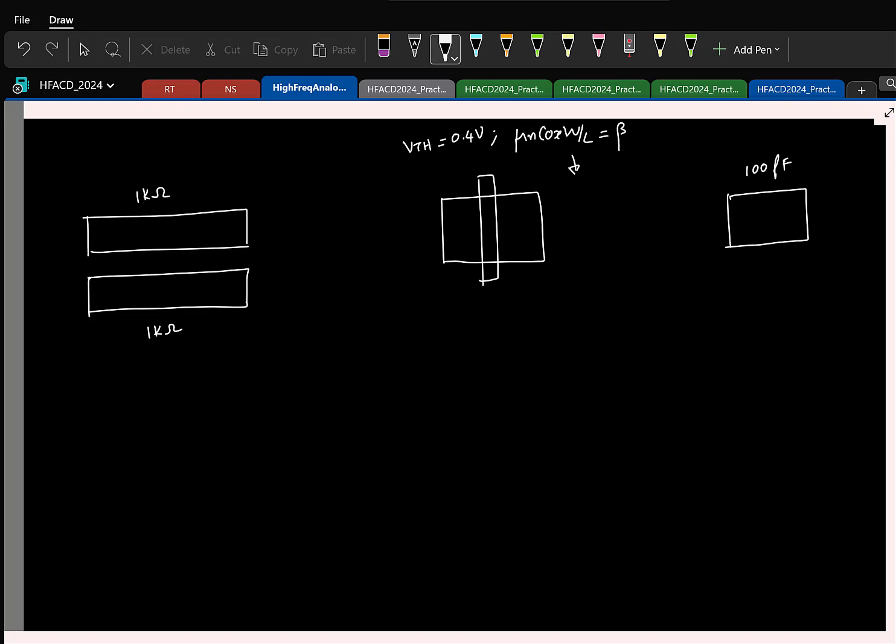So in practice, the value of this one might not be the same as this value. It might vary slightly here and there. And the simple reason is that in each of the steps in the fabrication process, something different happens for this one and this one. You can't guarantee that whatever happens in this location, exactly the same thing will happen here.